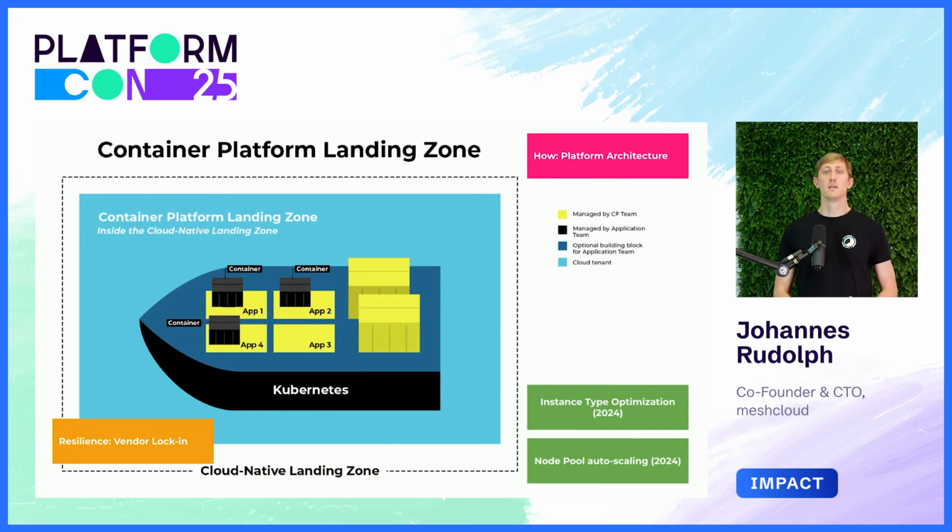Another technique, and this is really important, is to be conscious about your platform architecture and how it enables you to build better applications faster, and in a central platform team drive some optimization initiatives that you would otherwise not be able to decentrally implement in every individual application team.